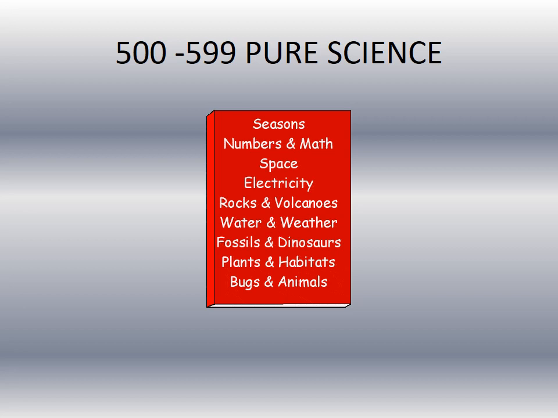Dewey not only put subjects together, but subjects that are related next to one another. So fossils stand next to books on dinosaurs, and bugs stand next to books on animals. Chemistry next to books on physics.